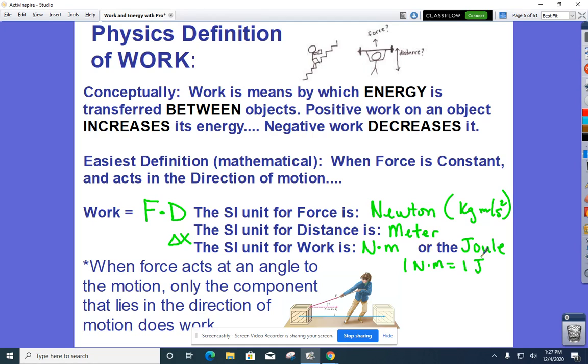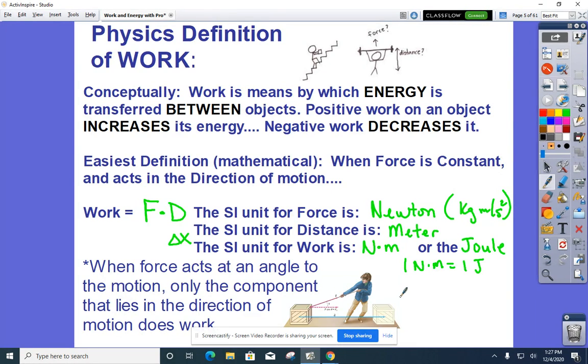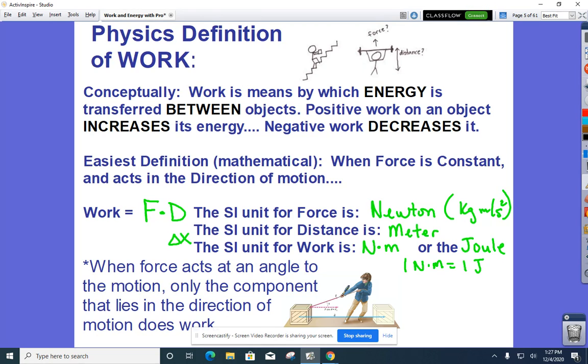Now, when force acts at an angle to the motion, only the component of force that lies in the direction of motion does any work. So let's go ahead and formalize this equation now. Sometimes the force is not in the same direction as motion, and so when that's the case, you can see the diagram here. The FBD, or at least the force that that person is exerting, has some horizontal and perpendicular component.